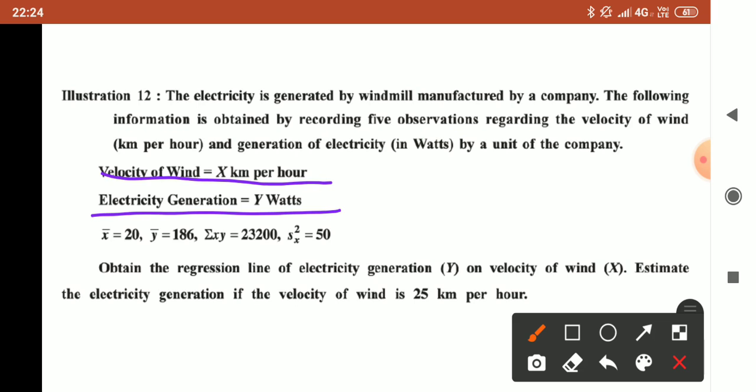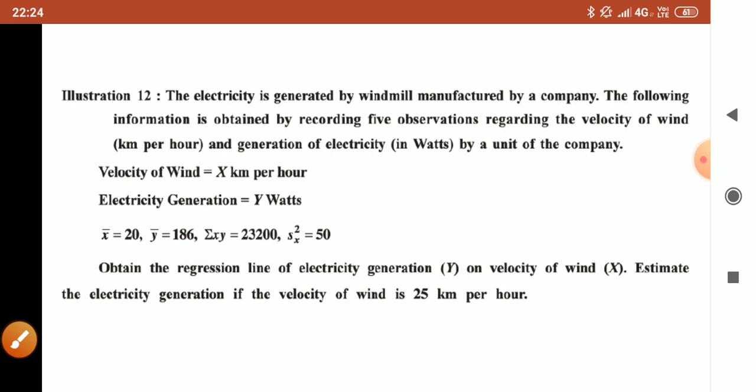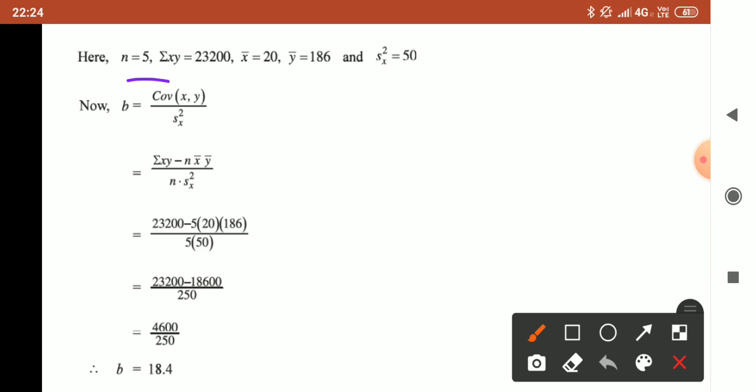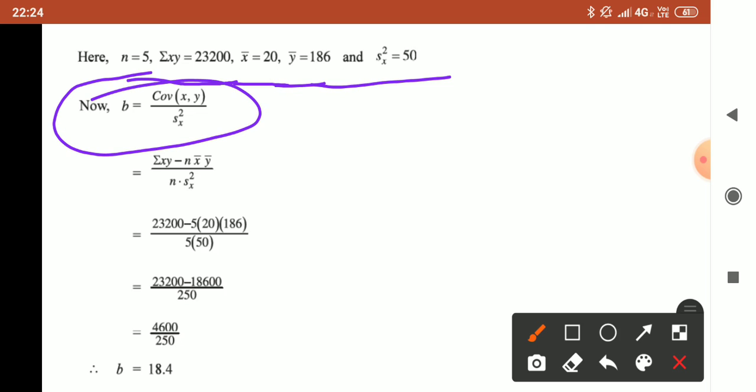You have been given x bar, y bar, sigma xy and sigma x square. So by using all this, we will solve this sum. Here I have n equals 5, sigma xy equals this, x bar is 20, y bar is this and sigma x square is this. So I have one formula which we have already learned, that b equals covariance xy upon sx square. But how will I find covariance xy?